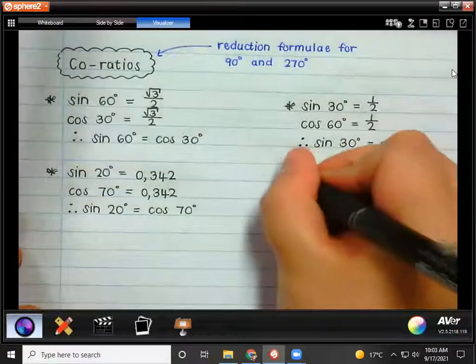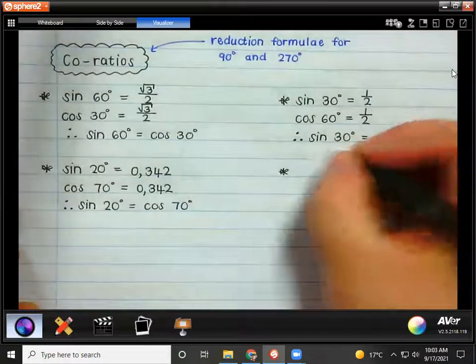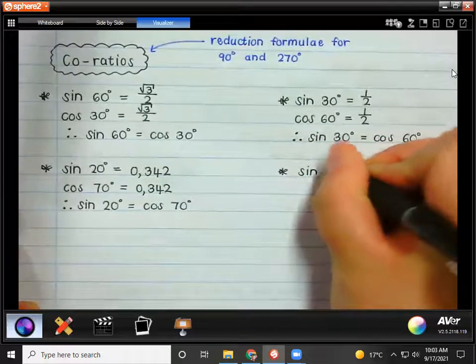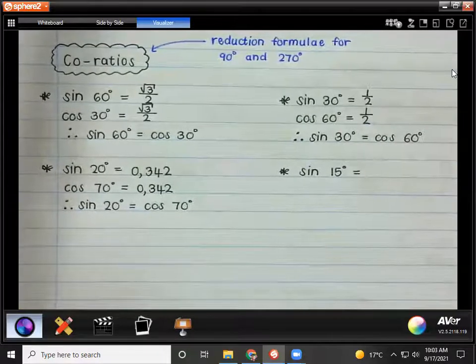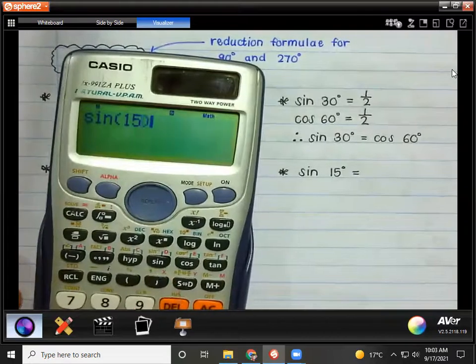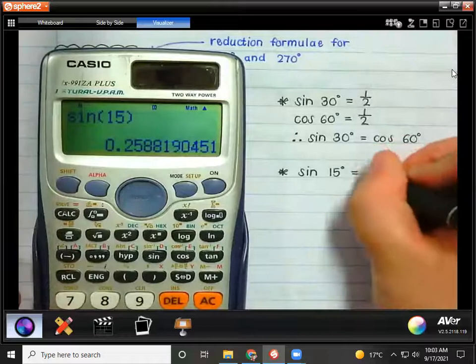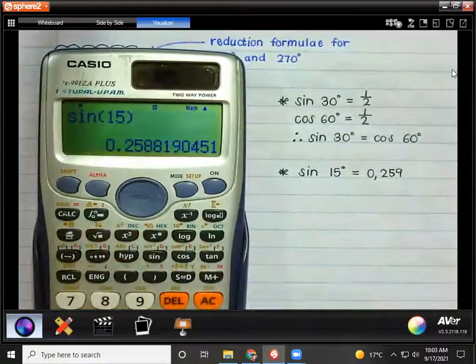I'll do one last one just for the sake of symmetry. Let's do sine of 15. Again, we don't have a special triangle for 15, so I'm just going to type it in. Sine 15 is equal to 0.259. I'm going to round to 3 decimals there.